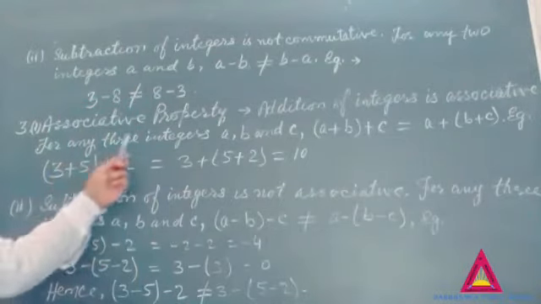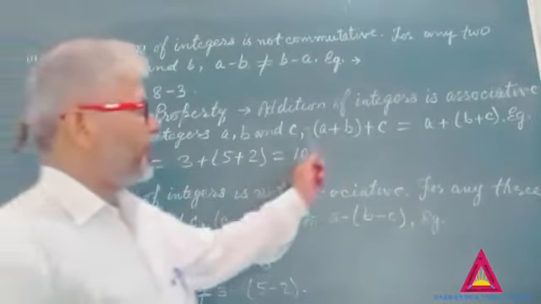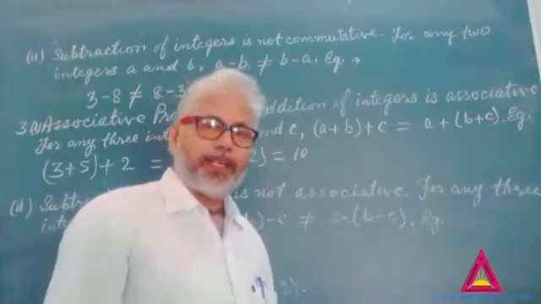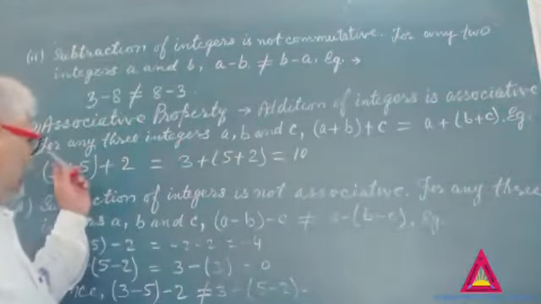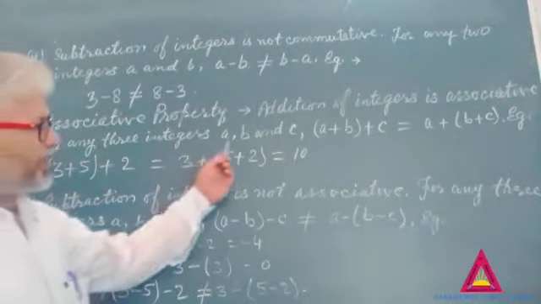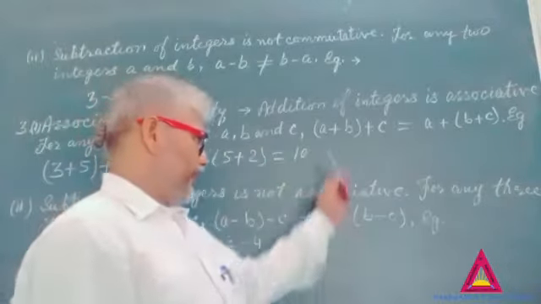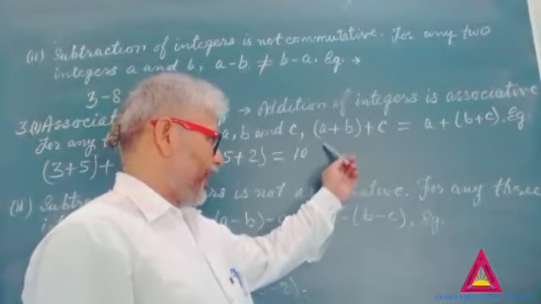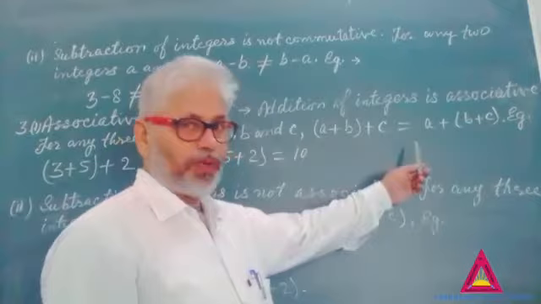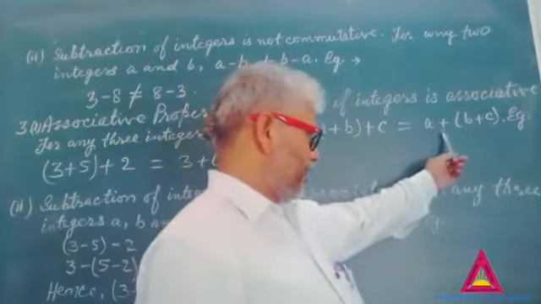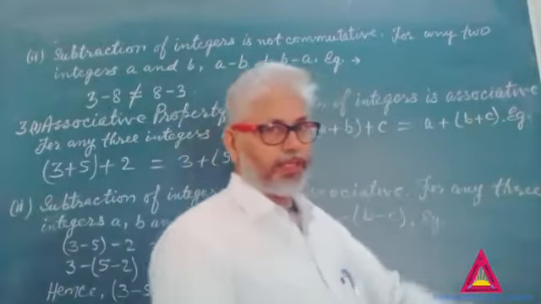Next, associative property. Addition of integers is associative. We say that for any three integers a, b and c, (a plus b) plus c is equal to a plus (b plus c).